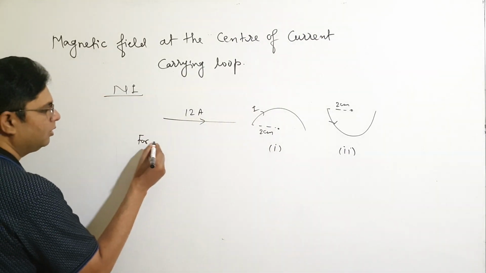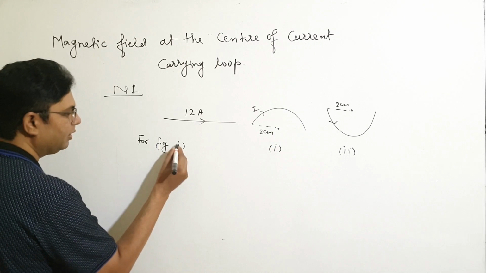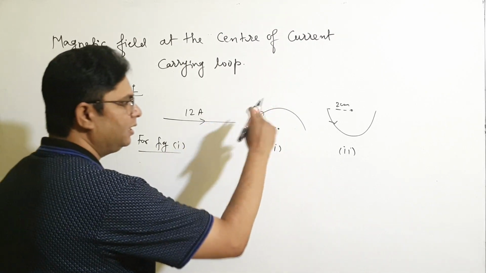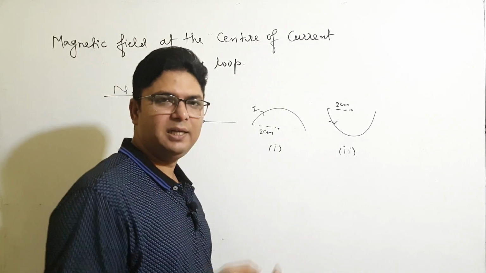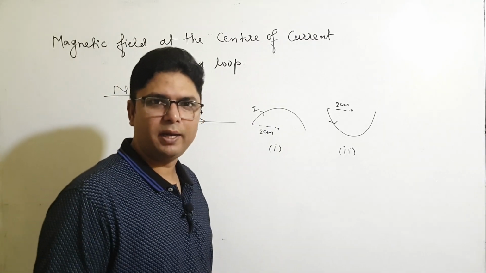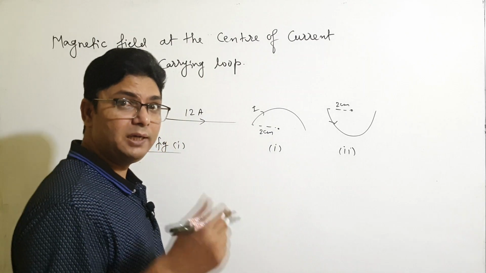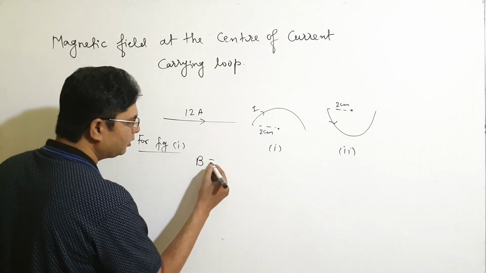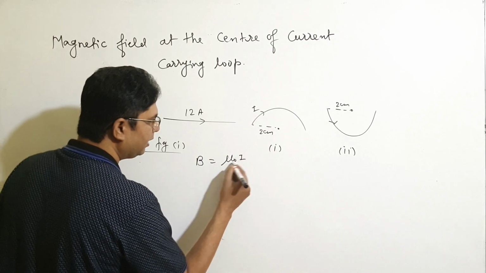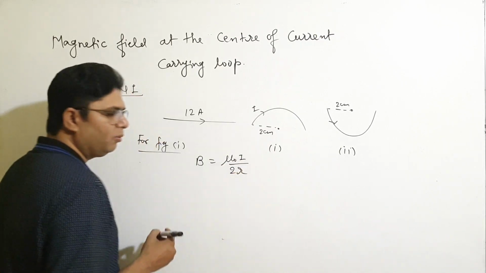For figure 1, since it is a semicircle, you know that if a complete circle is there, then the magnetic field is mu naught I upon 2r. So for a semicircle, it is divided by 2. So magnetic field B equals mu naught I upon 2r for a full circle.